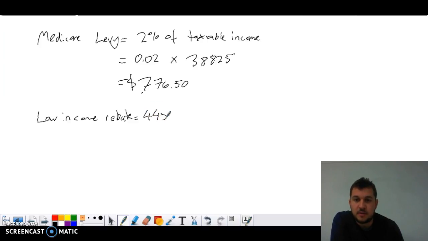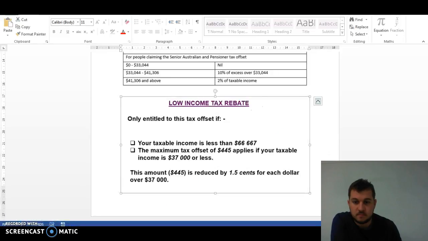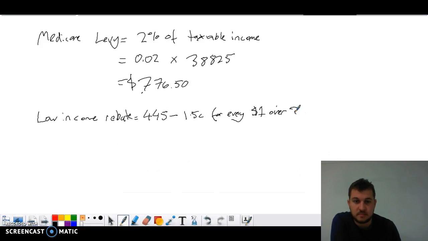The low income rebate starts off at $445 and it gets reduced by 1.5 cents for every dollar over $37,000.